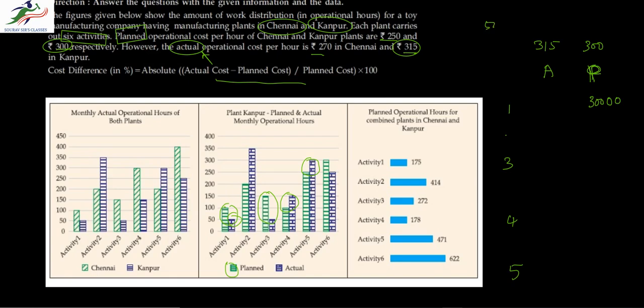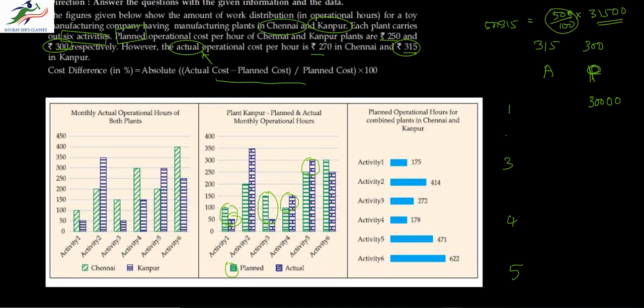So 50 into 315, and I'll show you a technique by which you can calculate this very quickly without having to go through the calculation itself. So 50 by 100 into 315 into 100 is 31500, and 50 by 100 is half of this.